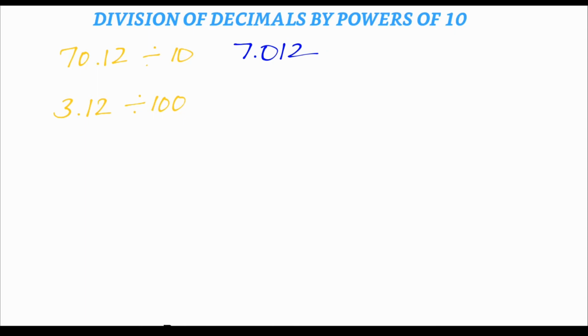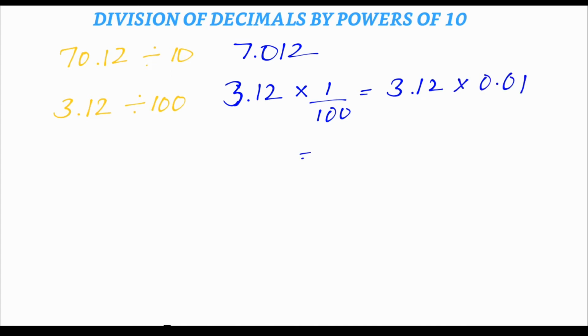Here, 3.12 divided by 100, we can write it as 3.12 into 1 by 100, or you can multiply 3.12 into 0.01. That is equal to 0.0312. These are the examples.